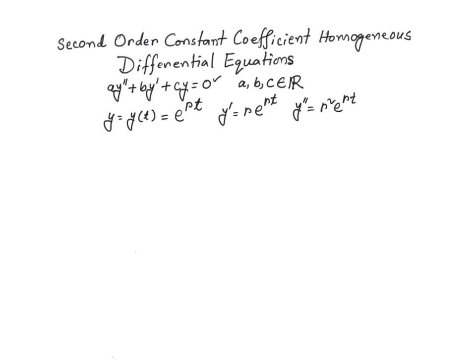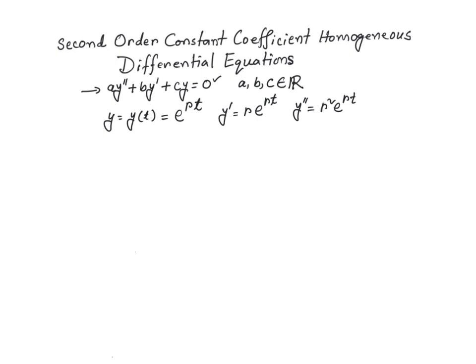Since, from our experience, e to the power rt is the general structure of the solution for this type of differential equation, we are going to assume this is the solution and plug it in to see what we get.